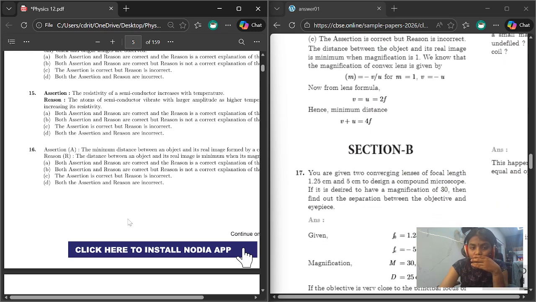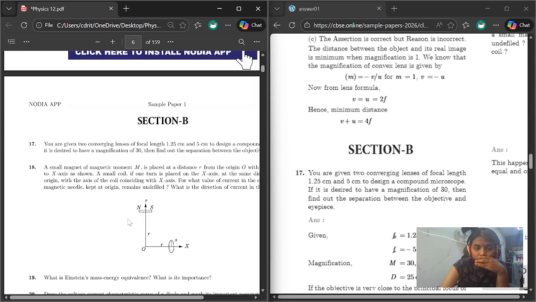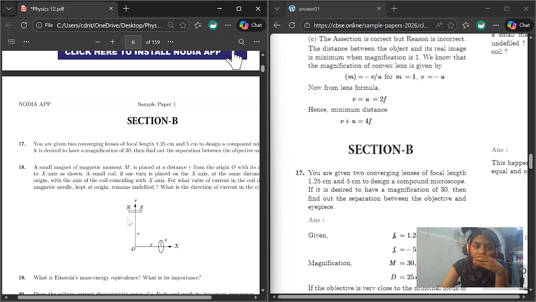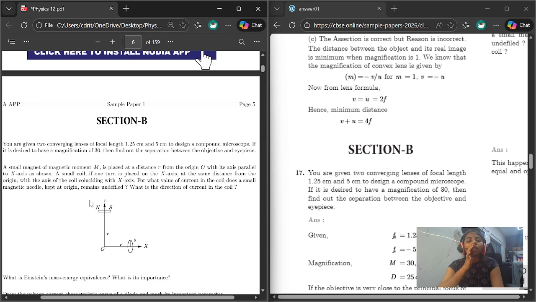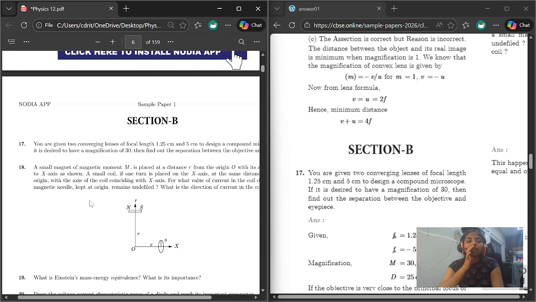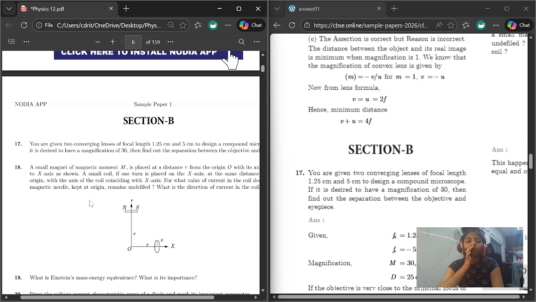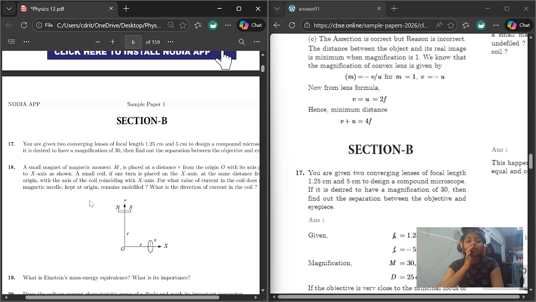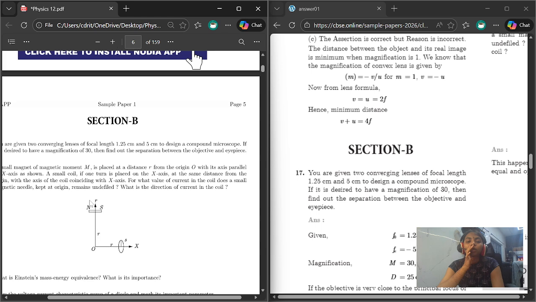Okay, now moving to the 17th question, which is a 2 marker. You are given two converging lenses of focal length 1.25 cm and 5 cm to design a compound microscope. If it is desired to have a magnification of 30, then find the separation between the objective lens and the eyepiece.